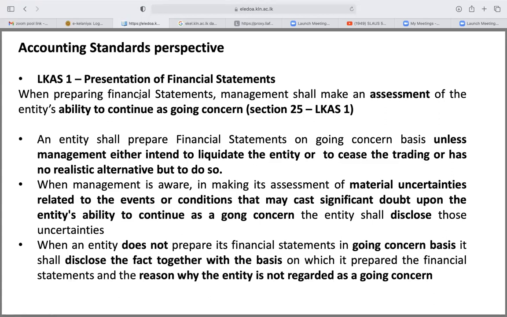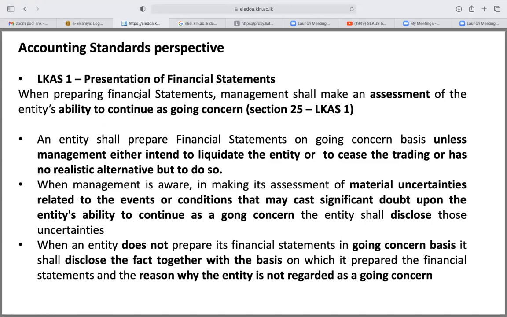The importance of LKAS 1 is that it is the base for accounting, right? If there is no LKAS 1, then there is no accounting. If there is no foundation, there is no building. Likewise, LKAS 1 is the foundation of accounting.